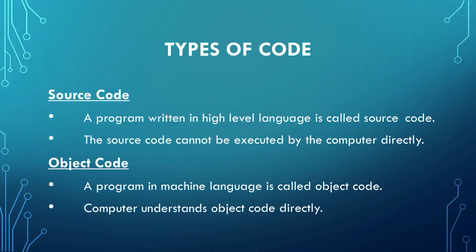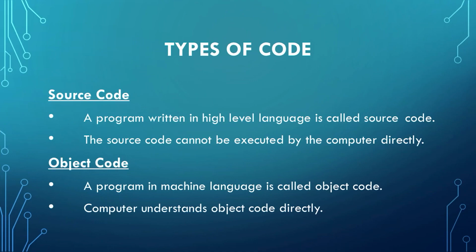Source code is also called source program. Computer cannot understand the statements of high level language. The source code cannot be executed by computer directly. It is converted into object code and then executed. So this is how we are going to fill that gap.